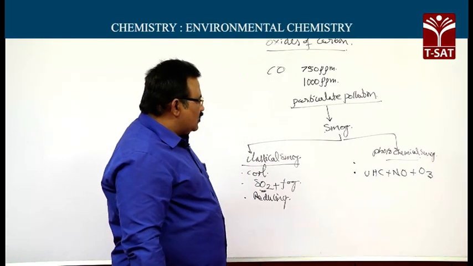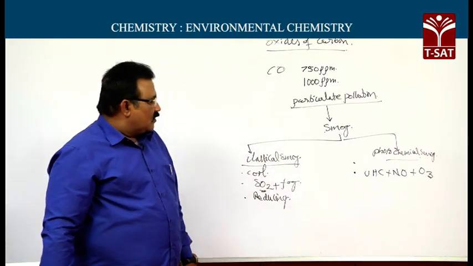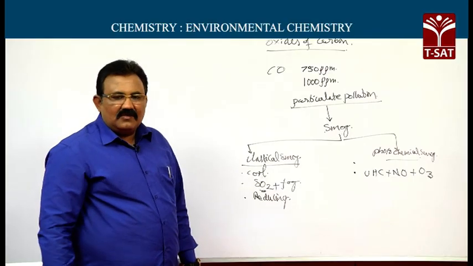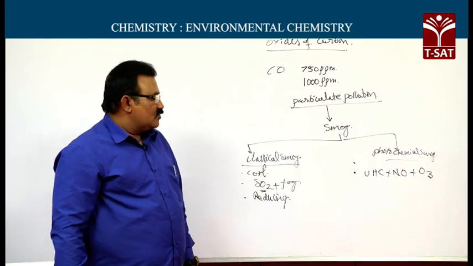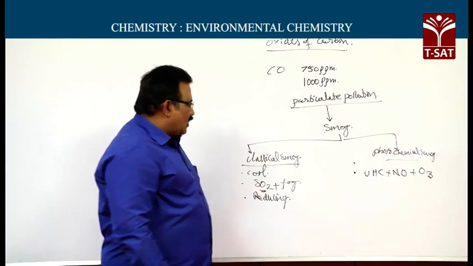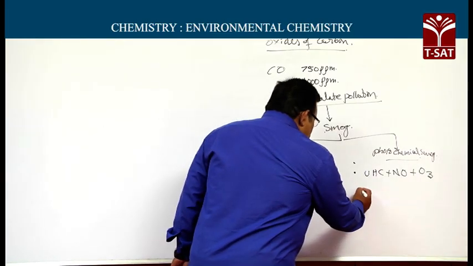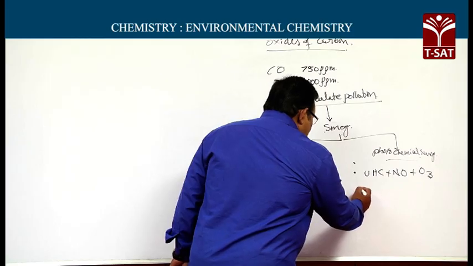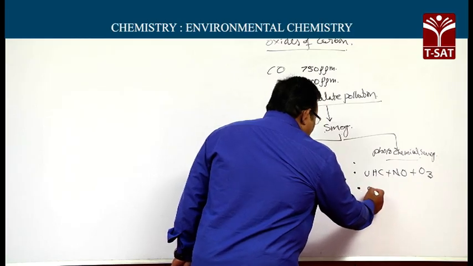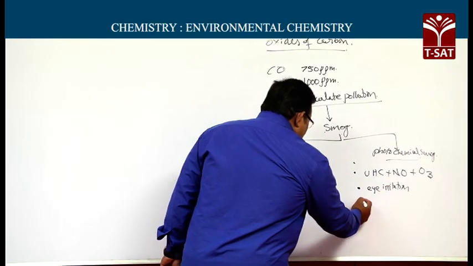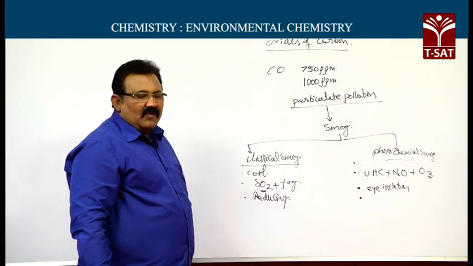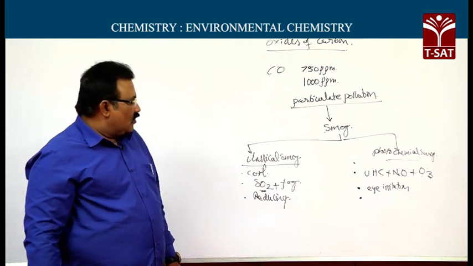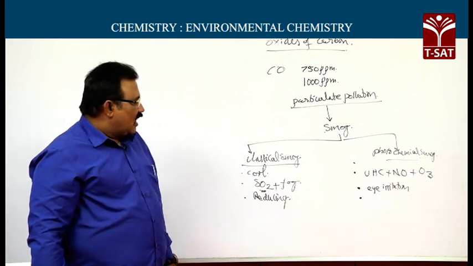These three components, when they interact with fog, occur as photochemical smog. Due to this photochemical smog, eye irritation and loss of vision occur for truck drivers on the roads.